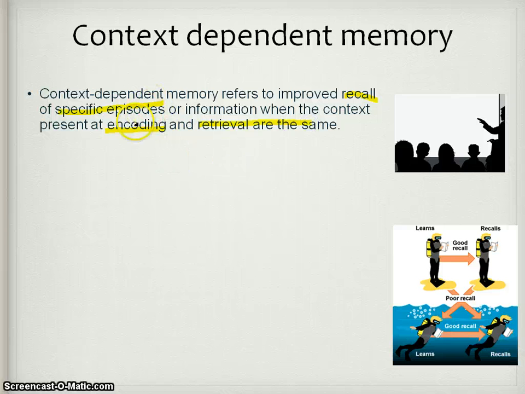Okay. By encoding, what we mean is when we encode memory. When you are listening to me now, you are encoding what I am saying. If you speak English, you are encoding the English words I'm speaking, and hopefully some of them are going to go into your memory.